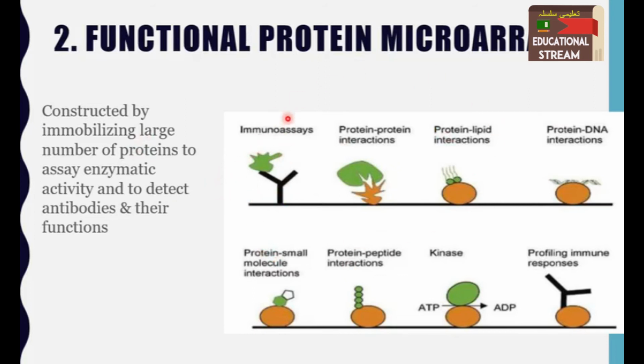We can say that the antibody array can be used for clinical diagnosis or environment or food safety analysis, and this antibody is actually the complete protein if we consider it a functional protein microarray.